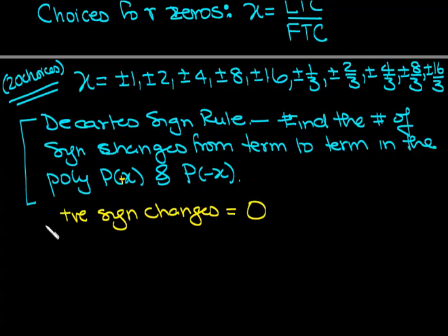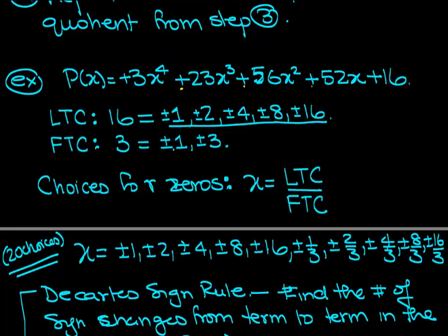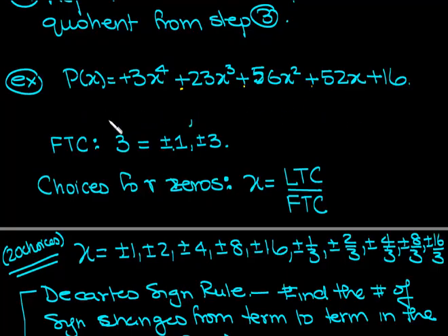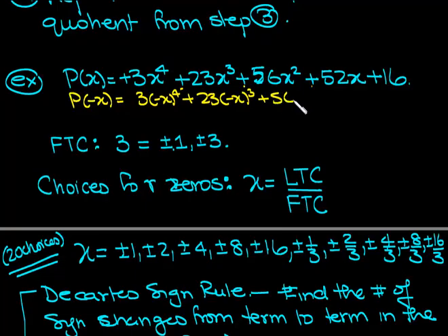Now let's figure out the negative sign changes. To find the negative sign changes, all we have to do is replace this x with minus x. So we get p of minus x: 3 times negative x to the 4th plus 23 times negative x cubed plus 56 times negative x squared plus 52 times negative x plus 16.